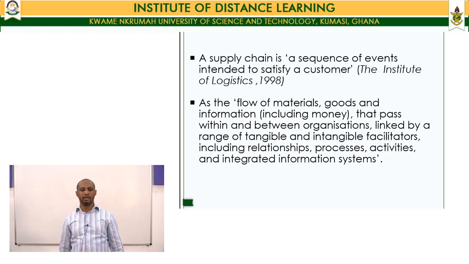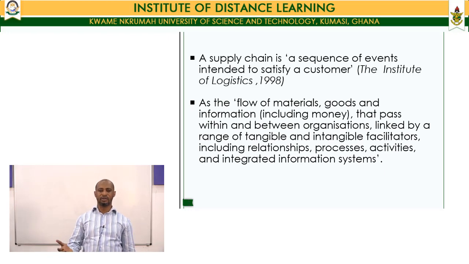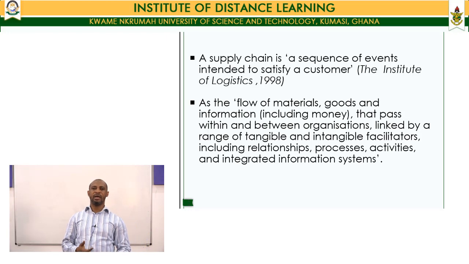According to the Institute again, it is the flow of materials, goods, and information. Normally, they pass between organizations. And they are usually linked by processes, by activities, by integrated information systems.